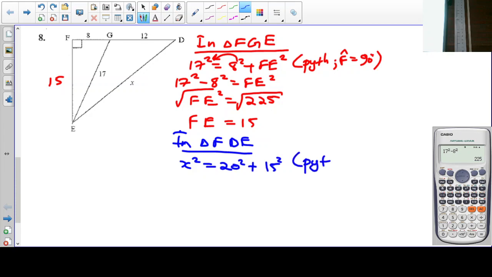Your reason there is Pythagoras with angle F equal to 90 degrees. You get the 20 because you add the 8 and 12. So 20 squared plus 15 squared is 625, and the square root of 625 is 25.